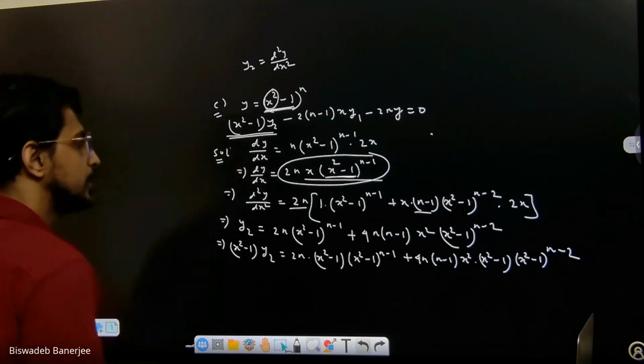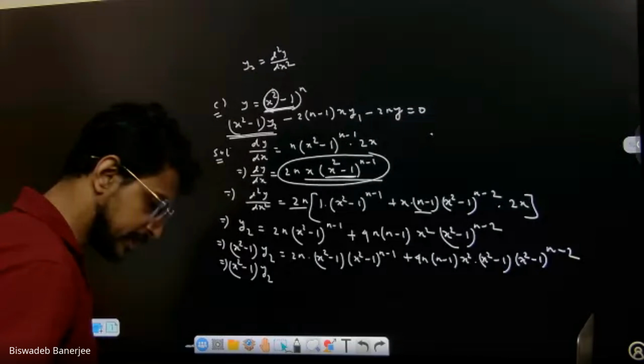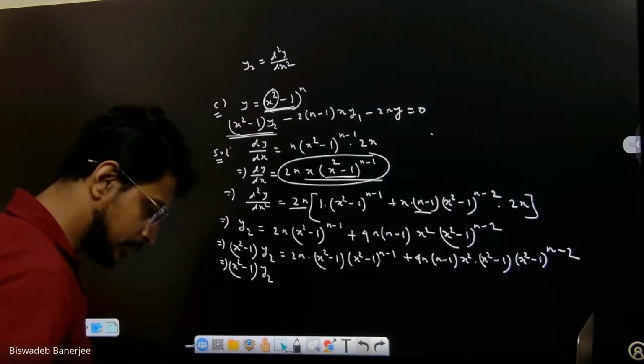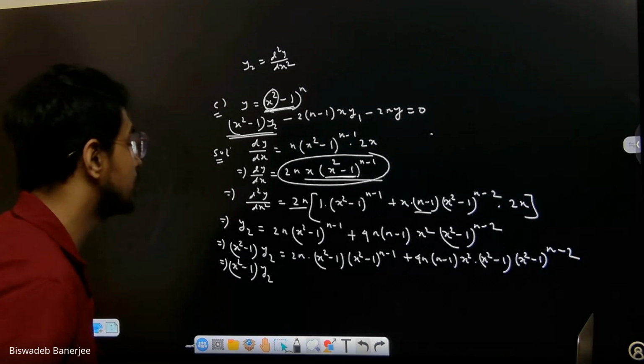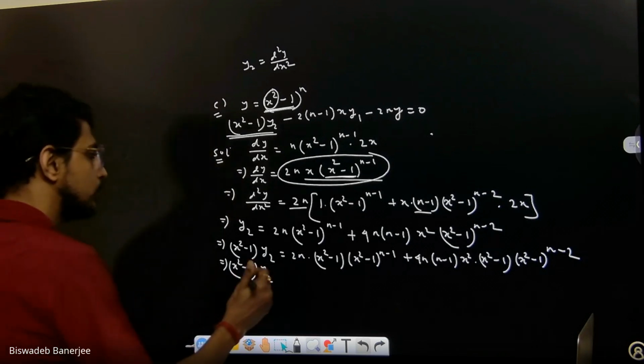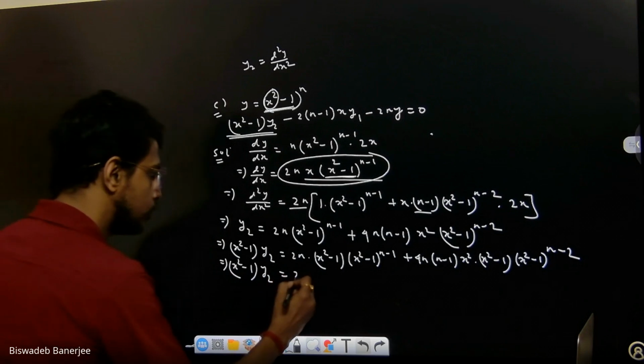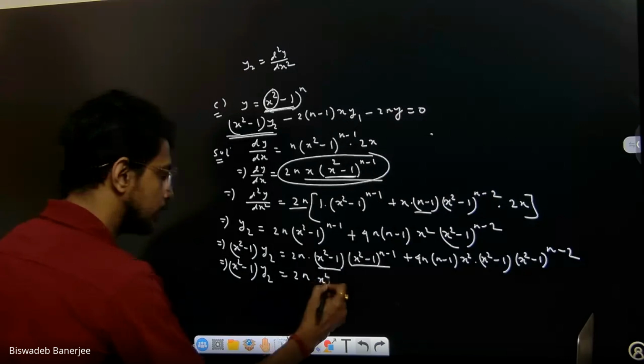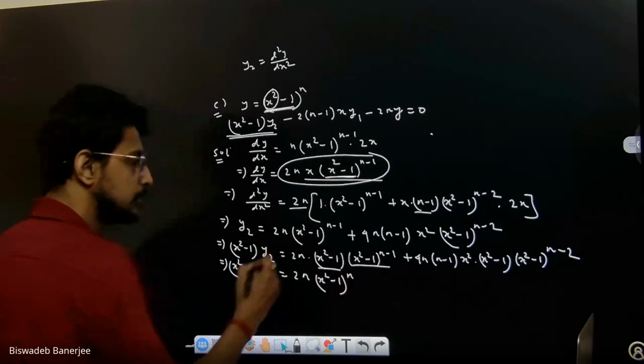Okay, I'm again checking this question. Yes, x square minus 1 into y2 minus 2n into y. So x square minus 1 into y2 is what? 2n, then x square minus 1 gets cancelled, giving you x square minus 1 whole to the power n.